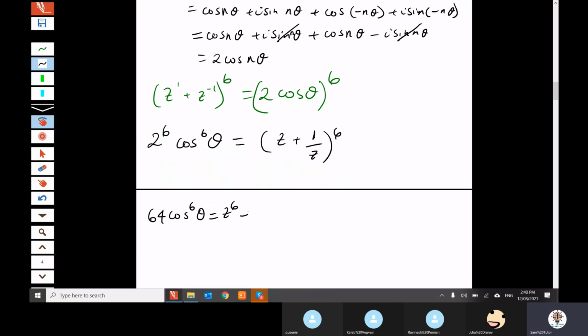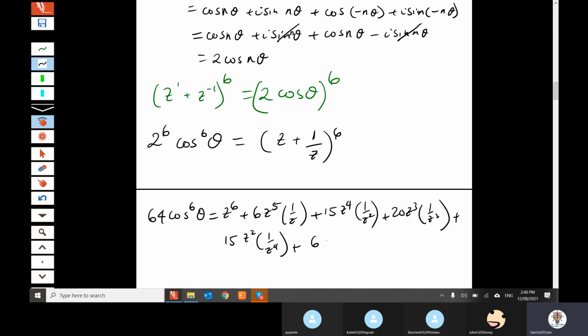Equals z^6 plus, don't forget your coefficients, 6 choose 1, 6z^5, 1 on z, plus 15 z^4, 1 on z squared, plus 6 choose 3, 20, z cubed, 1 on z cubed, plus 15 z squared, 1 on z^4, plus 6z, 1 on z^5, plus 1 on z^6.